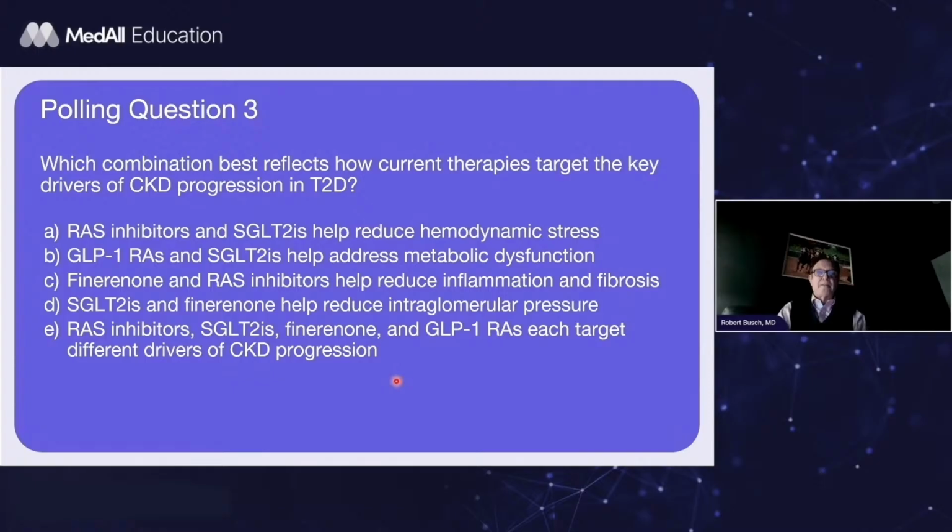So which combination best reflects how current therapies target key drivers of chronic kidney disease progression and type 2 diabetes? RAS and SGLT2, GLP-1 and SGLT2, finerenone and RAS. So you have different mix and match combinations, or all 3 of them target a different driver of kidney disease that we've discussed previously.